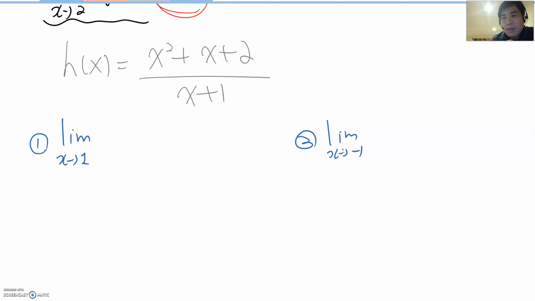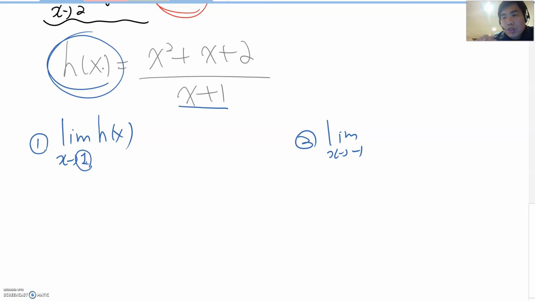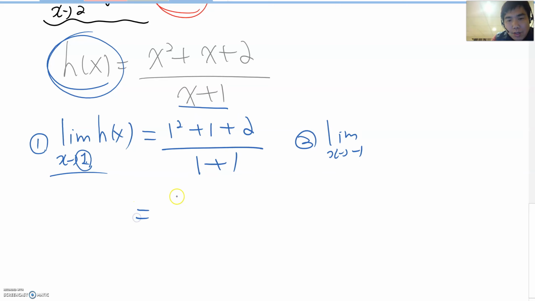But the denominator cannot be 0. When you plug 1 into h(x), is it going to be 0? No, right? Then just plug it. In other words, h(x) is continuous at x equals 1, so you can plug 1 into all these x's. Then this becomes 1 squared plus 1 plus 2 over 1 plus 1, which is 4 over 2, so it becomes 2. So this limit answer is 2.